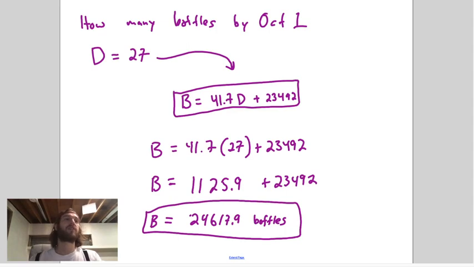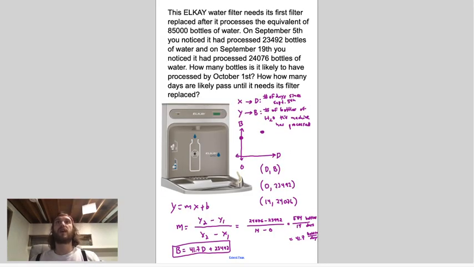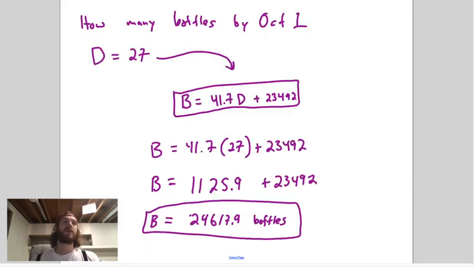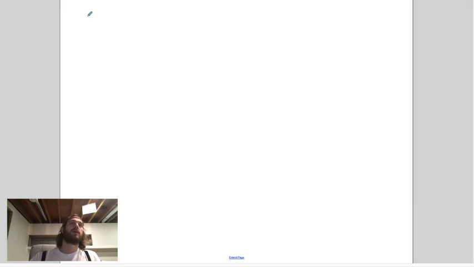Okay, great. What's the next question? The next question says, how many days will likely pass until it needs its filter replaced? Now, I told you at the very beginning it needs its filter replaced every 85,000 bottles that it processed. And again, I made that number up.